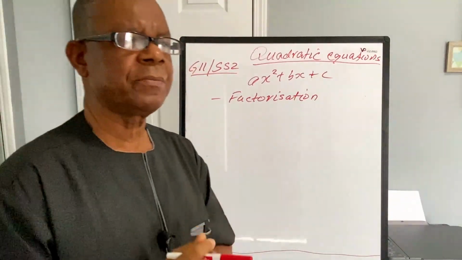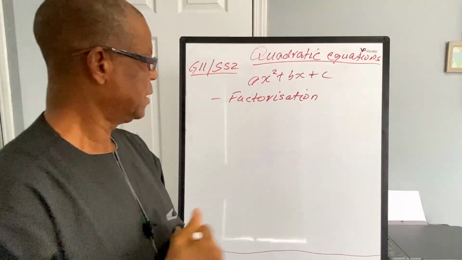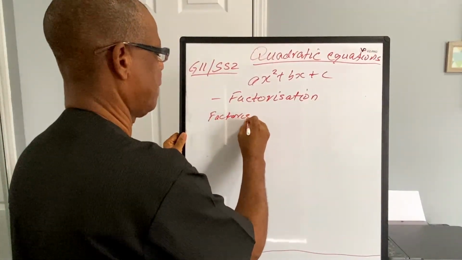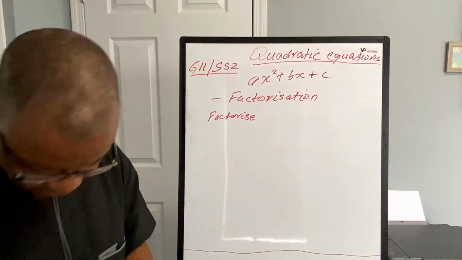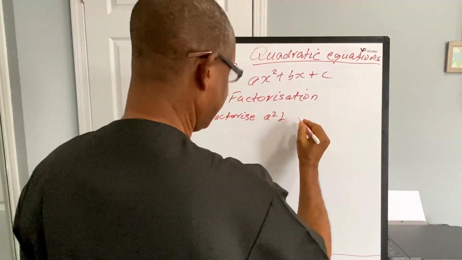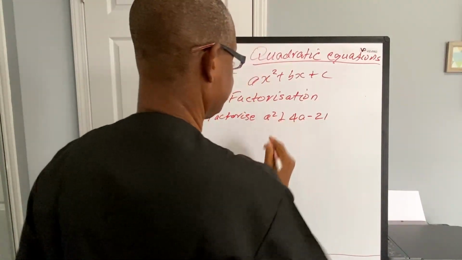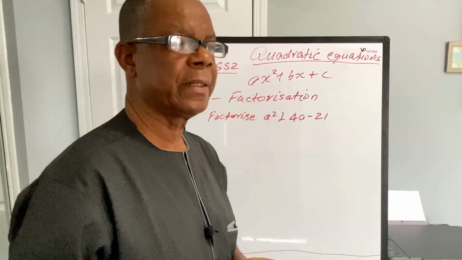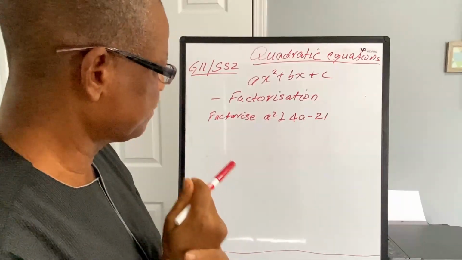So here you may be asked to factorize a question such as a squared plus 4a minus 21. We are expected to factorize this, to compress it.